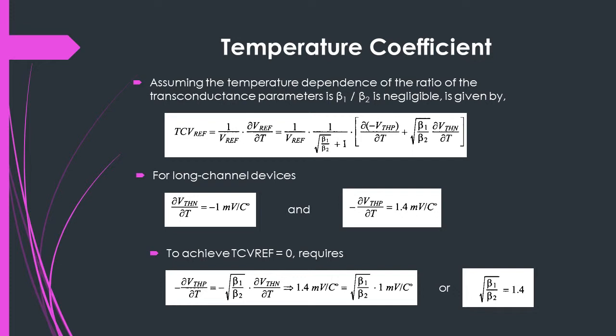To achieve a zero value for TCV reference, it requires that negative dVTHP/dT is equal to the square root of beta1 over beta2 times dVTHN/dT. That means 1.4 millivolt per degree Celsius is equal to the square root of beta1 over beta2 times 1 millivolt per degree Celsius, or simply the square root of beta1 over beta2 equal to 1.4.